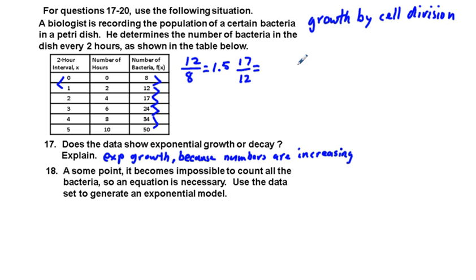Next we have 24 divided by 17. We have 34 divided by 24. And finally we have 50 divided by 34. So we're going to go doing this.